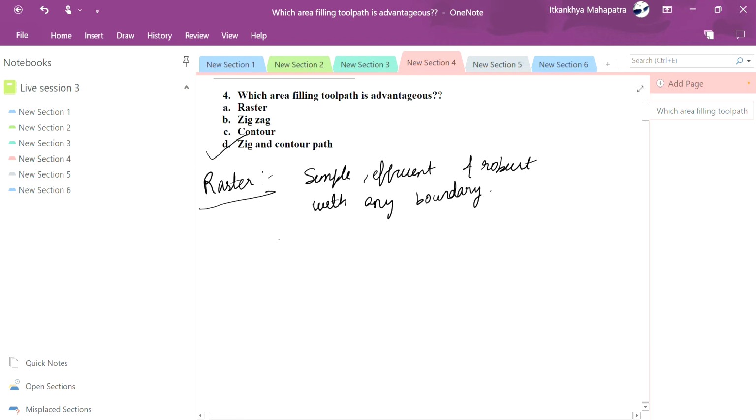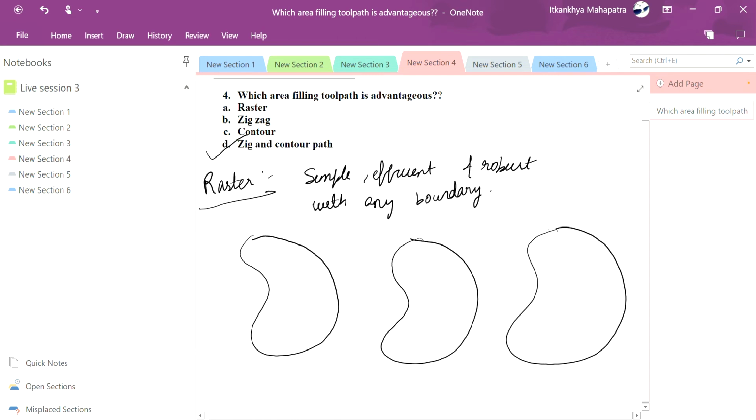I'll just draw the images for all. This is X raster, this is Y raster, and this is XY raster.